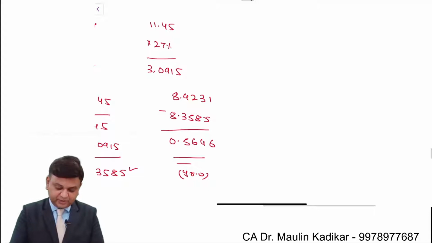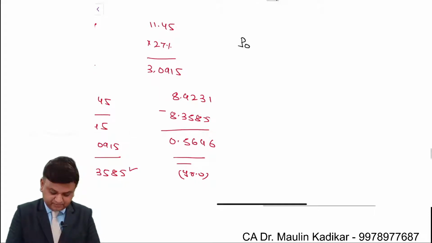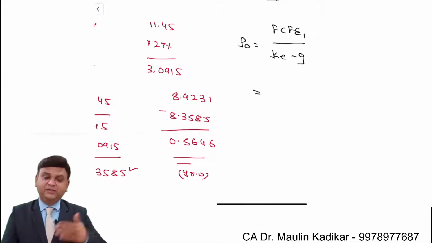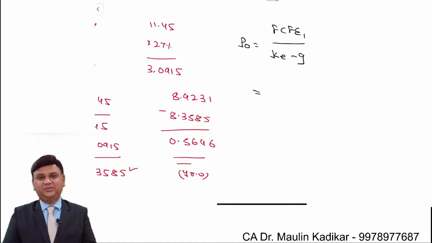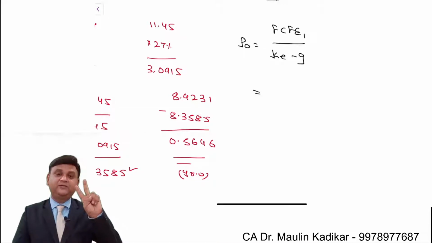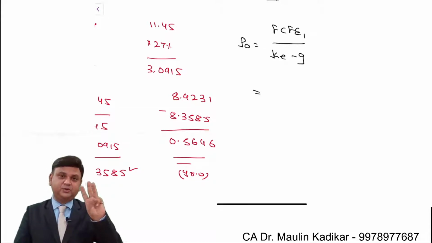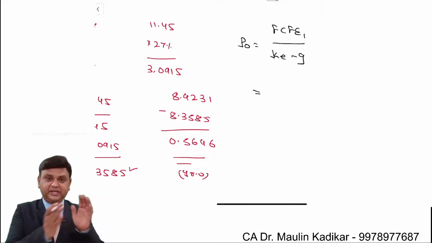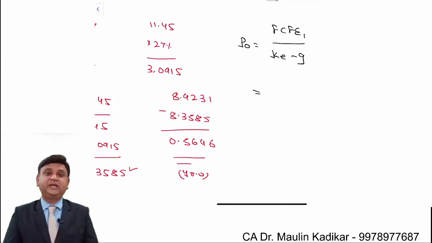So we can make the computation of the P0 like this: free cash flow for equity for the first year divided by K minus G. Instead of taking the dividend in the numerator, we will take the free cash flow for the equity. We have the dividend discount model approach, the earning capitalization method approach, and this is the third one, wherein we give importance to the cash flow for calculating the price.